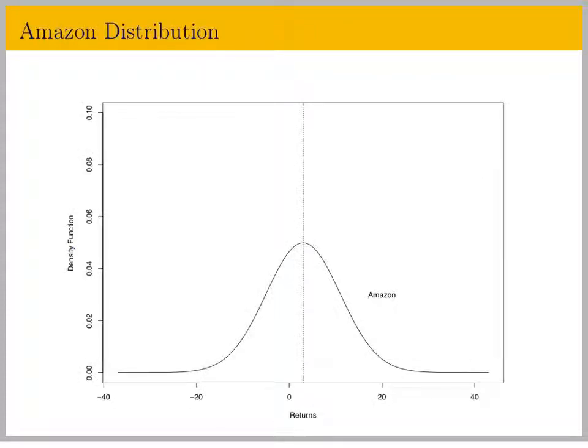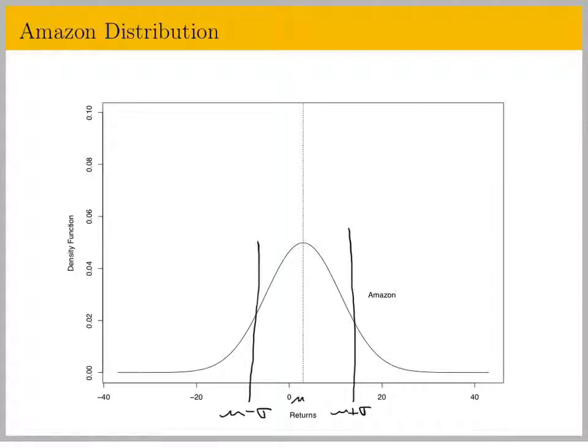Well, here is the normal distribution for a random variable with mean 3 and standard deviation 8. That is, 68% of the distribution of a normal distribution should be roughly one standard deviation on either side of the mean. So if this is where mu is, that dotted line, mu plus sigma will be that line, and mu minus sigma will be that line.